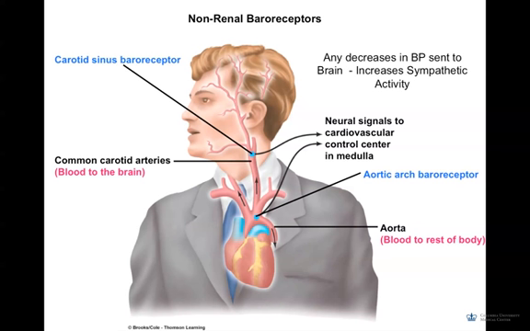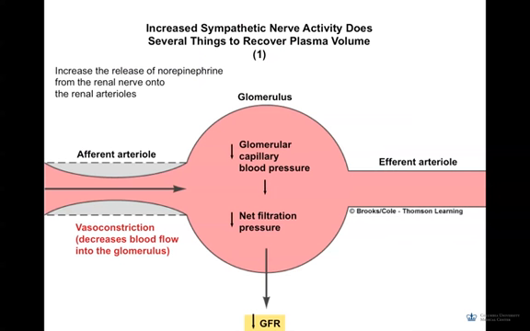And when it senses that, it increases sympathetic activity to the body, including the sympathetic activity to the kidneys. So when our aortic arch and carotid sinus baroreceptors sense a drop in blood pressure, they increase sympathetic activity to the kidneys, which is going to constrict the afferent arteriole and decrease GFR. The sympathetic nerves to the kidneys innervate the afferent arteriole, and it causes it to constrict and decrease GFR.